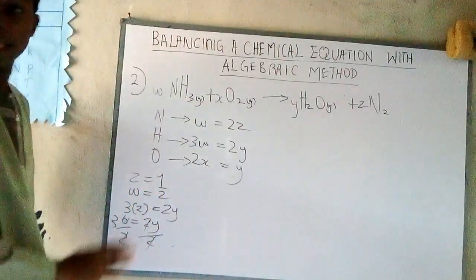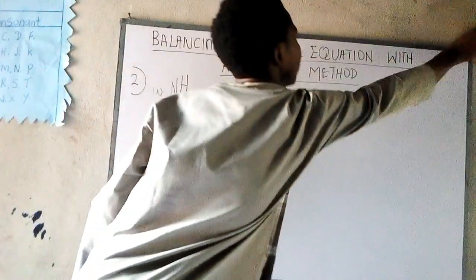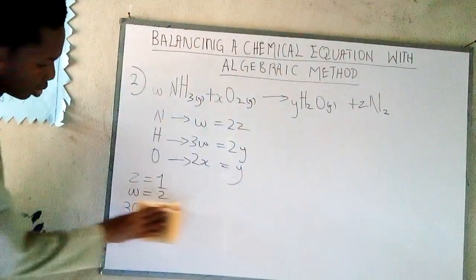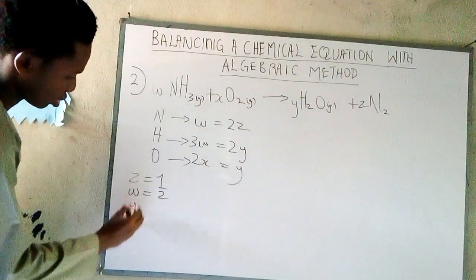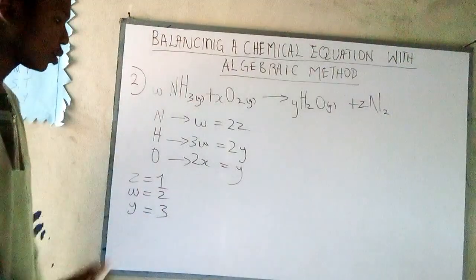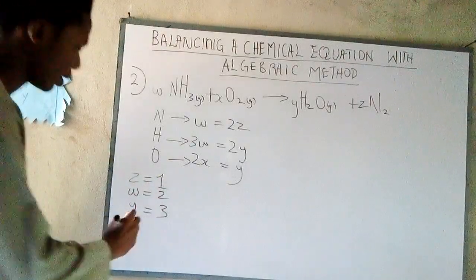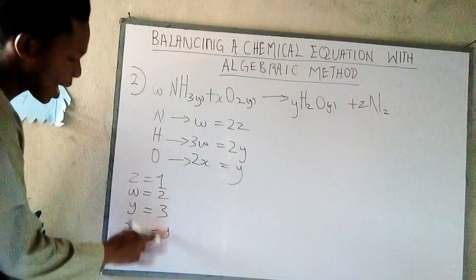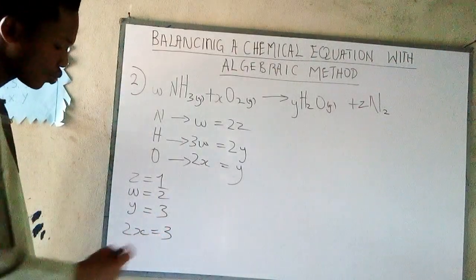So let's clean this. Y equals 3. If we've gotten that y is equal to 3 and we have this equation 2x equals y, and y is already 3, what do we do now?